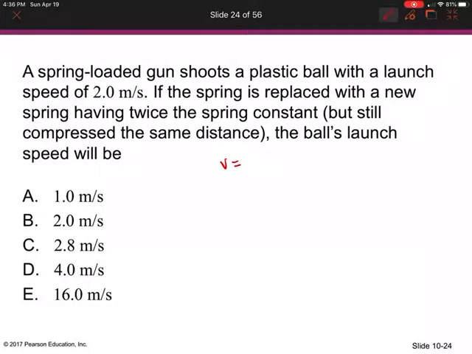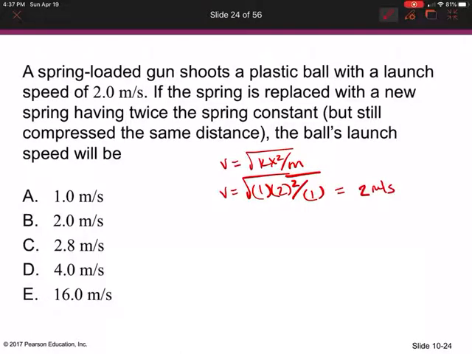So we have V is equal to the square root of kx squared divided by m. Let's get the initial speed to be 2 again. Plug in 1 and 2 squared over 1, and you end up with 2 meters per second. So what has changed here?